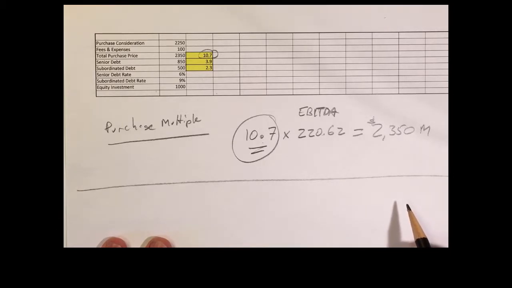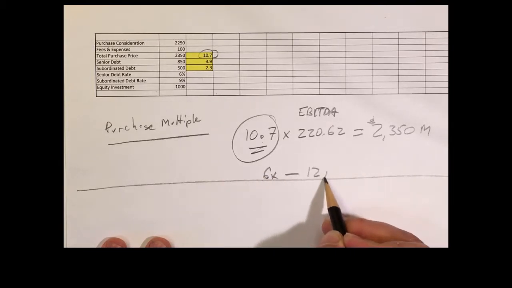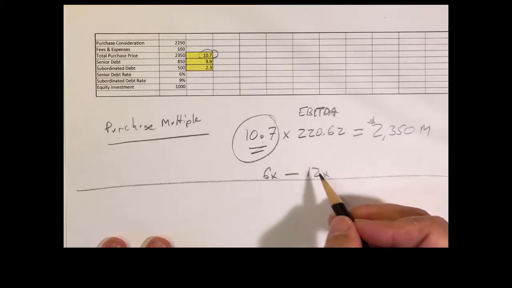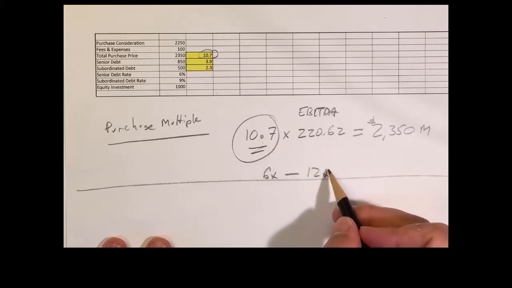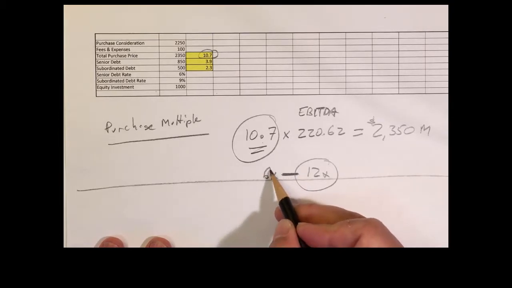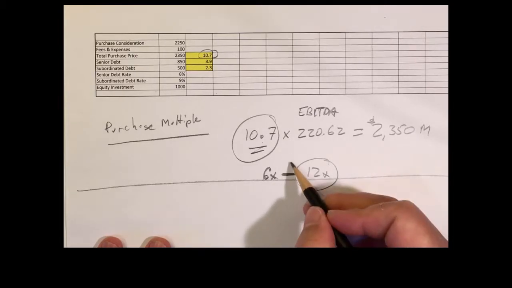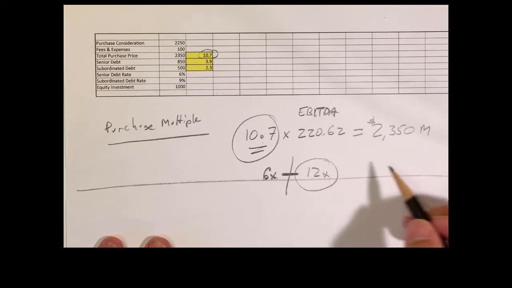In leverage buyouts, you tend to see a range of multiples somewhere from 6 to 12, and that seems like an enormous range. How is that helpful? Well, one thing we know now, at a multiple of close to 11, we're at the high end of the range. Does that mean we're overpaying, or that Rachel and company and family are doing too well? And the answer is no, because within this range, you would expect to see very different kinds of companies.